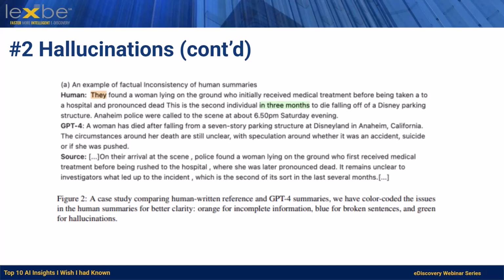So we lost some specificity in the human one. That was not a problem in the ChatGPT 4 summary. And then also in green, the human would say, this is the second individual in 3 months, when the source material really said that this is the second of its sort in the last several months.